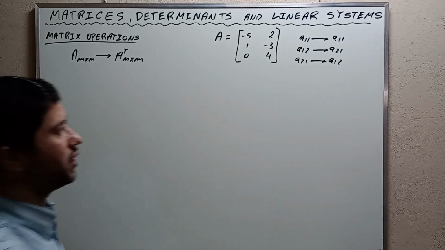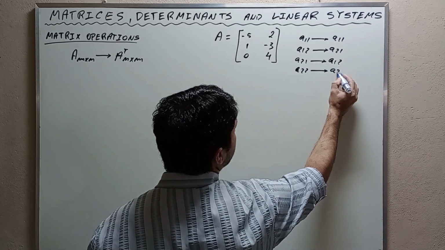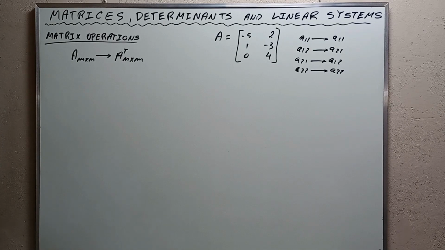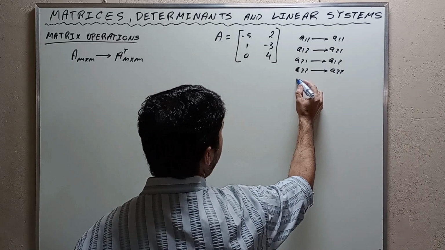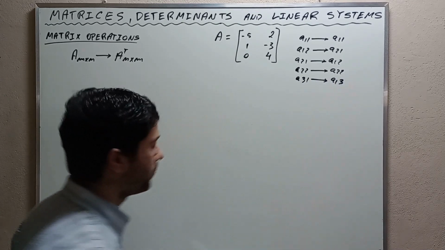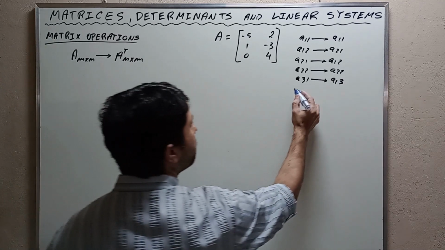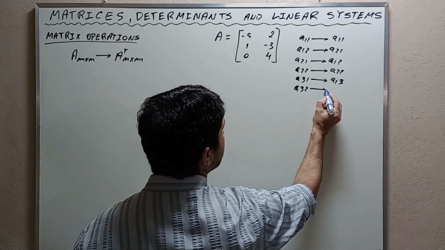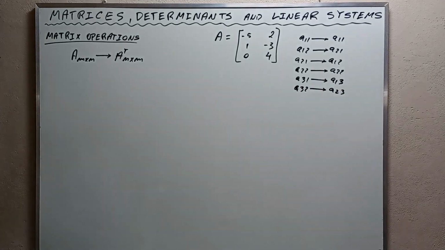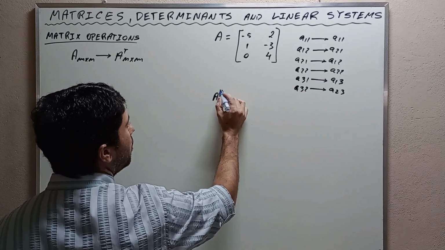A22 continues being A22. A31 becomes A13. And A32 becomes A23. Okay?